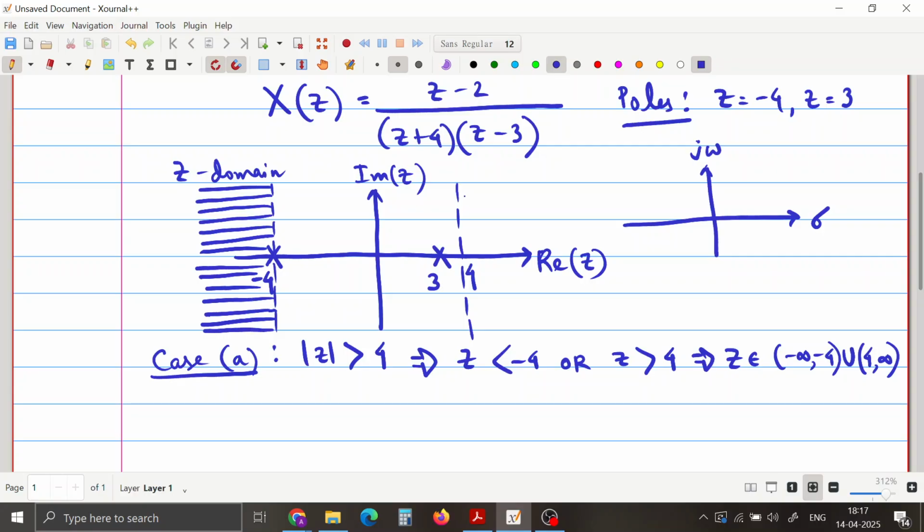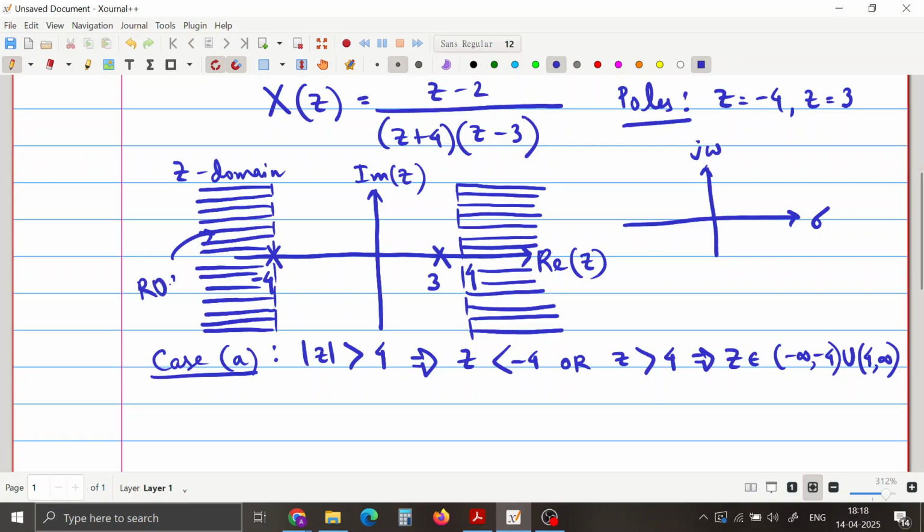And similarly z is greater than 4 also, so to the right of this point. So these shaded lines actually extend all the way to plus infinity on the positive side as well as minus infinity on the negative side. Okay, something like this. So this shaded region is my ROC.